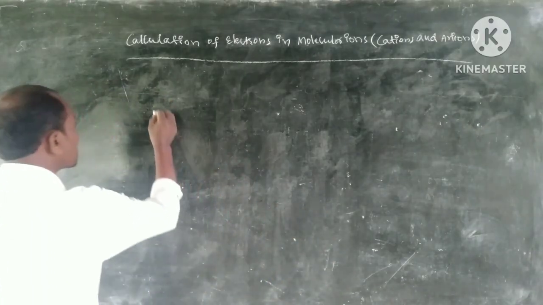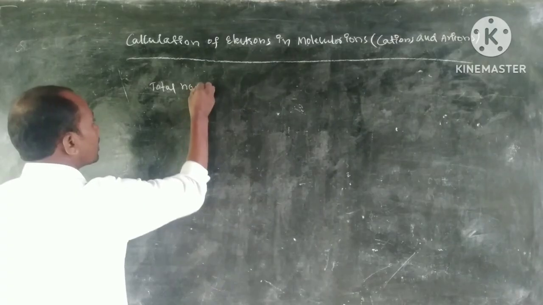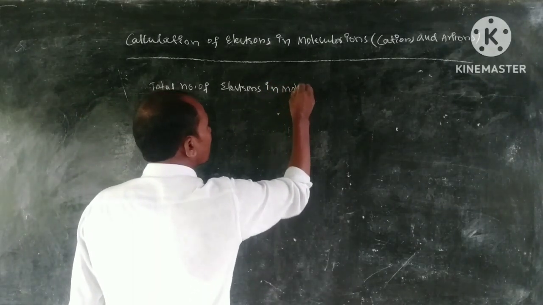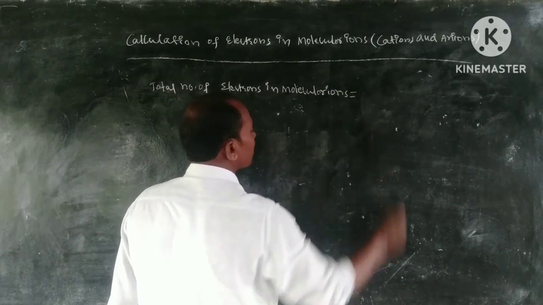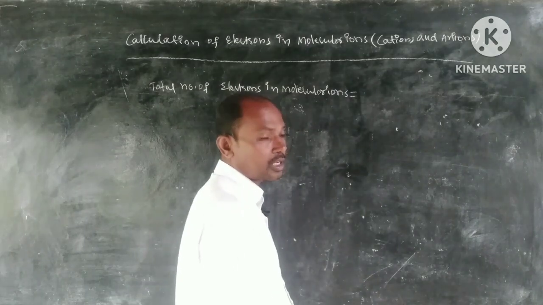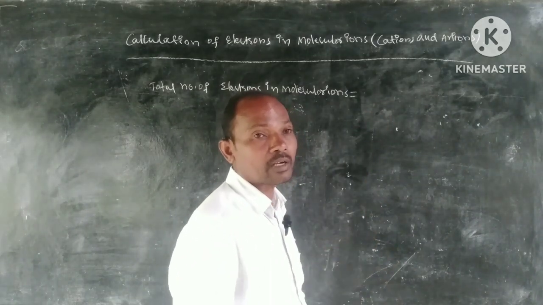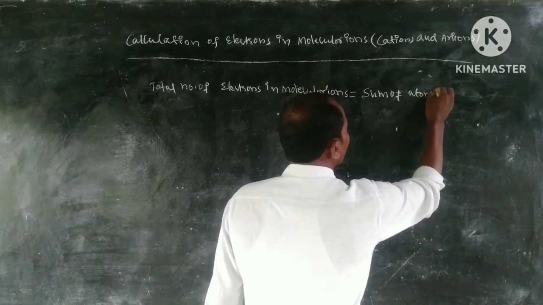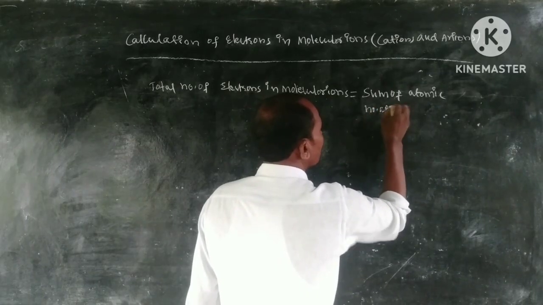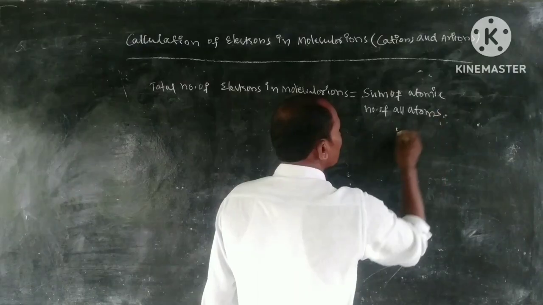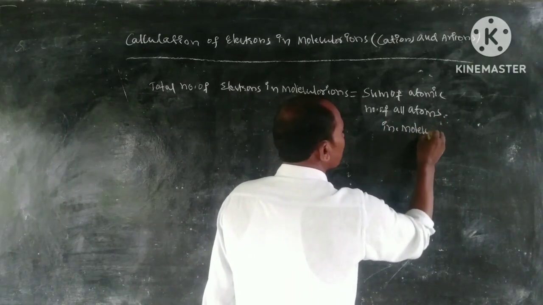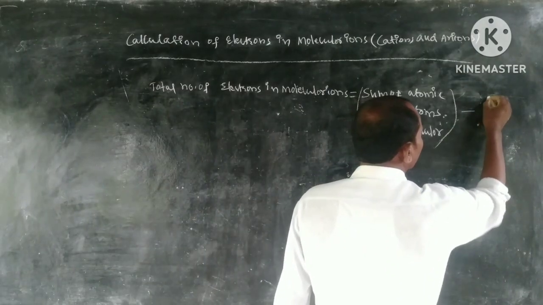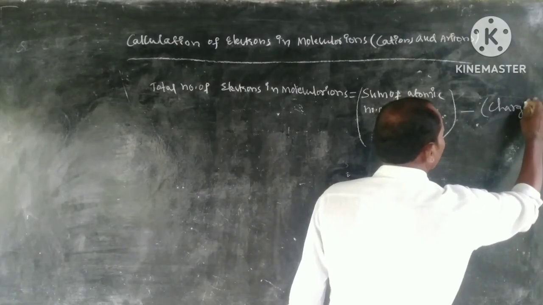One principle is there. The total number of electrons in a molecule or molecular ion is equal to the sum of the atomic numbers of all atoms in the molecule or molecular ion, minus the charge on the ion.